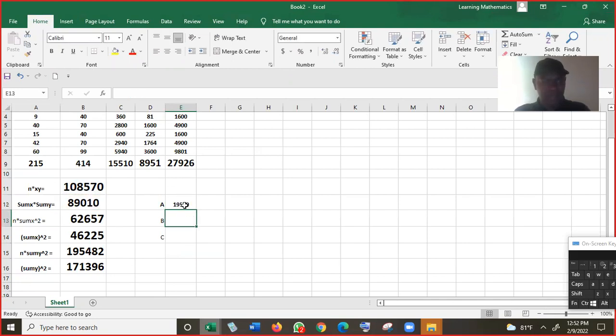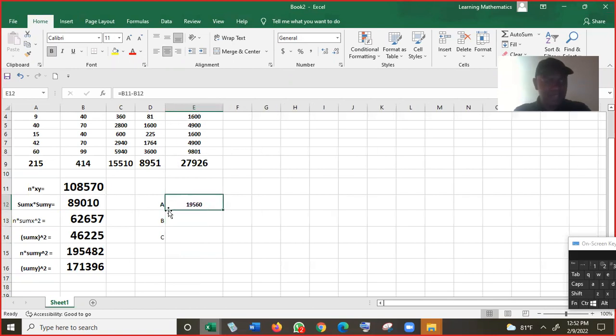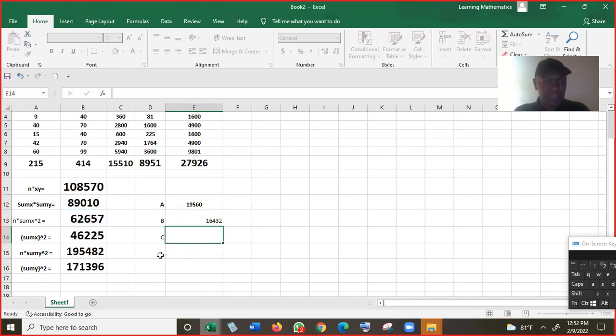Enter. All right, B is equal to B13 minus B14. Enter. C is equal to B15 minus B16. Enter. Okay.